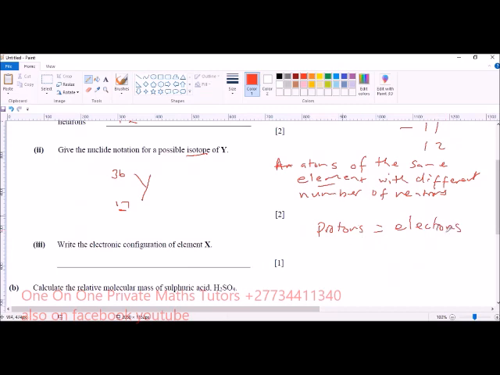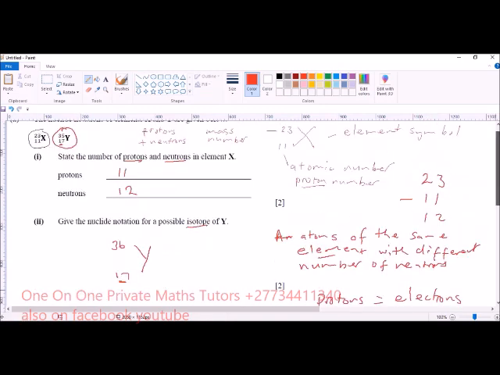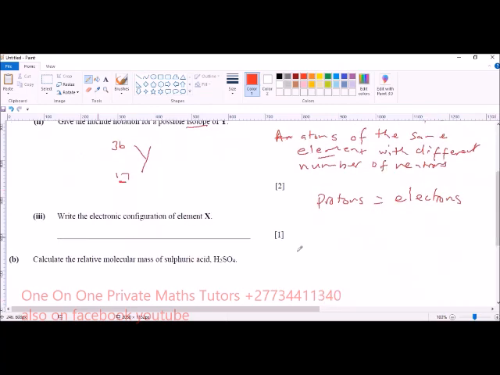It has to be a neutral atom. Okay? So if we have 11 electrons, how are we going to do it? The first shell will have 2 electrons. The second shell can occupy a maximum of 8. Okay, so there we have our electrons filling up the shells.